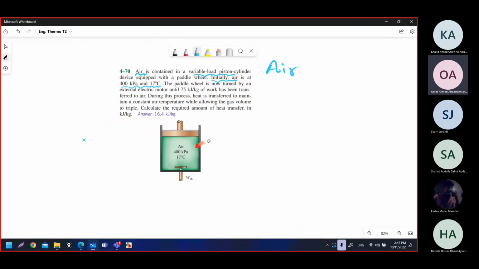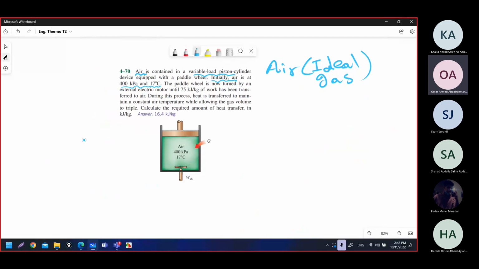Usually when the temperature is high and the pressure is low compared to the critical pressure and critical temperature, we will assume that air is an ideal gas. Usually in most questions, we say that the air is an ideal gas in order to use the ideal gas equations. That is the first thing.